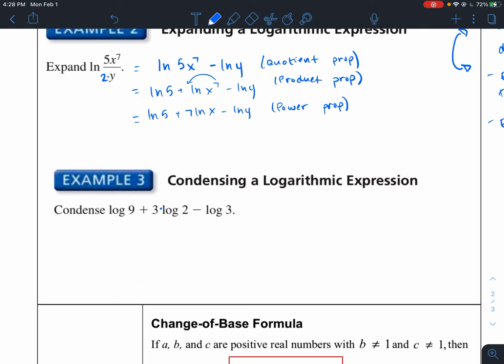So using the power property, I'm going to throw that back as an exponent. So this is log of 9 plus log of 2 cubed, and then minus log of 3. So that was the power property just in reverse.